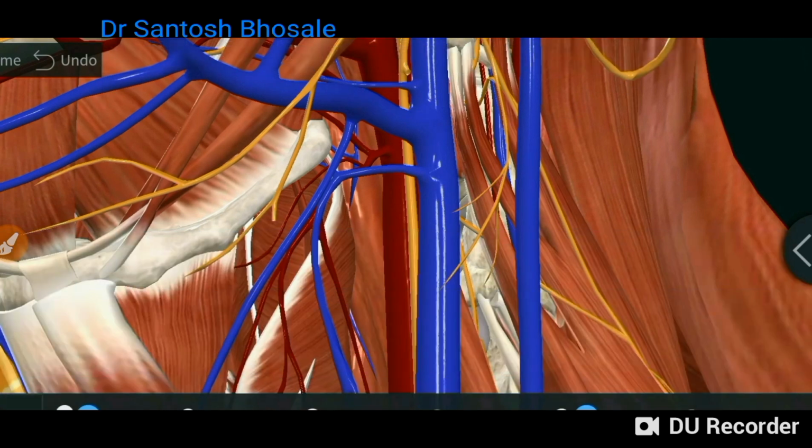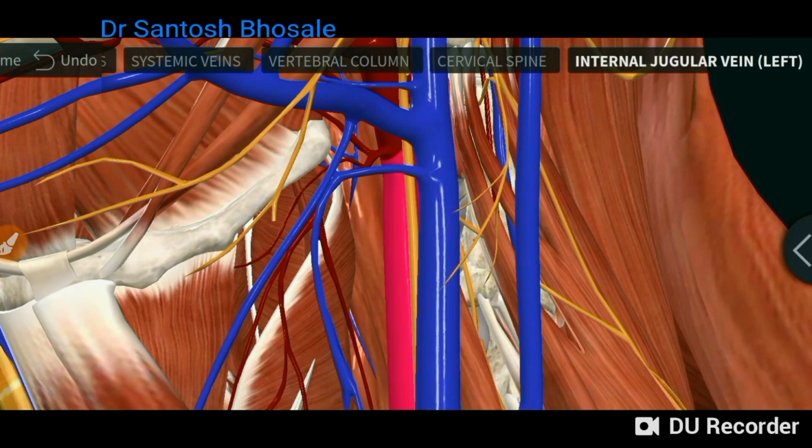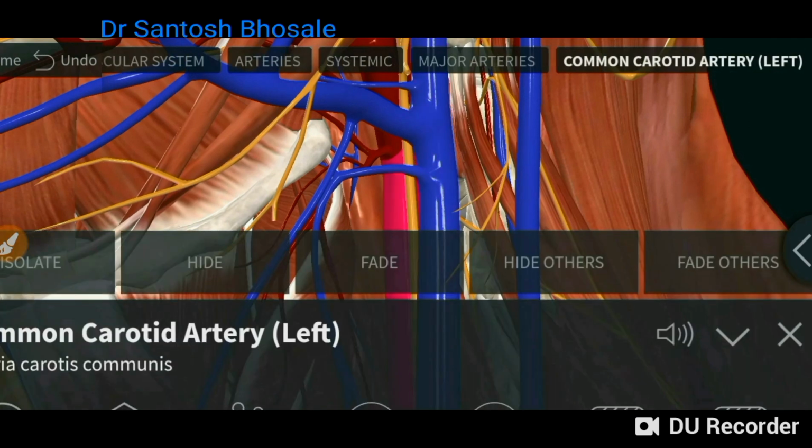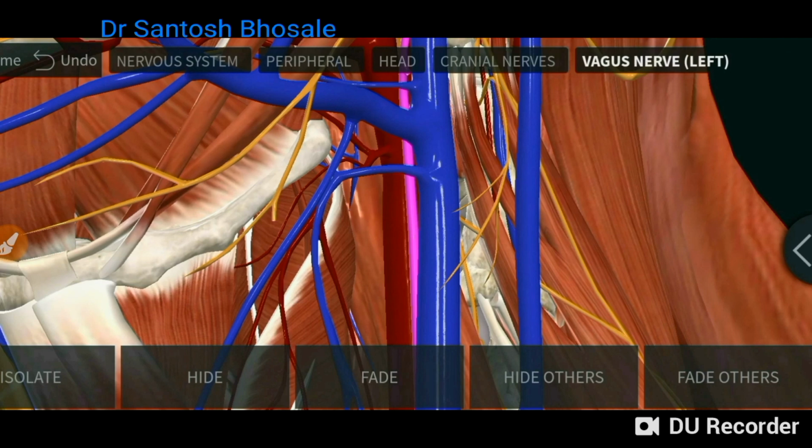That's why it is called carotid triangle, because when you throttle here, if you occlude common carotid artery and internal jugular vein, it produces unconsciousness. This is internal jugular vein, common carotid artery and vagus nerve between them. These are surrounded by the carotid sheath, and in the anterior wall of carotid sheath you will see a loop of the nerve called ansa cervicalis.